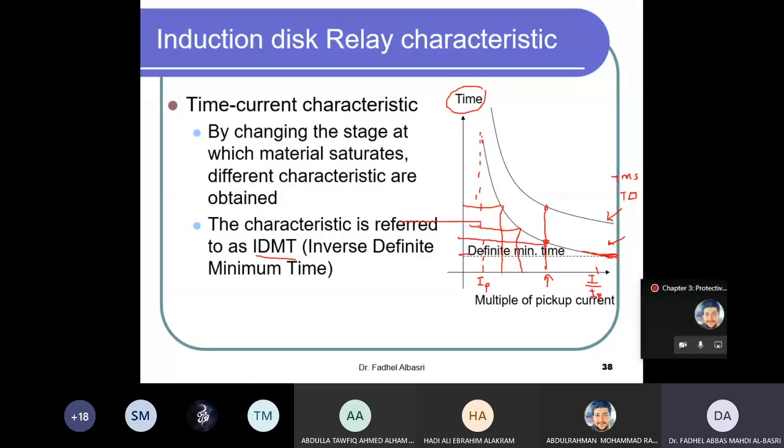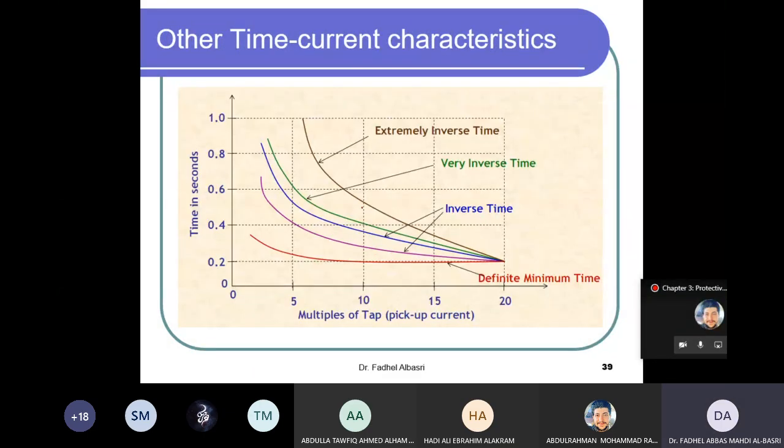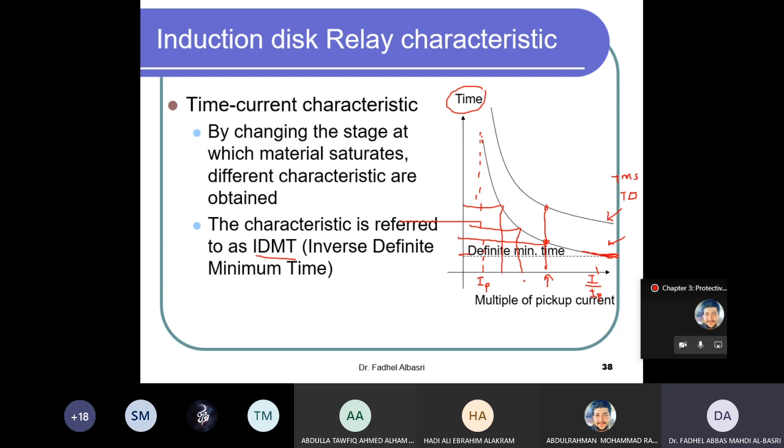All right, I will close with this. We have different standard characteristics. IEEE has defined standard operating characteristics, the operating time versus the multiples of the tap setting or pickup setting. Instead of putting 10 ampere, 20, 30, we can put the ratio of the current with respect to the pickup setting.